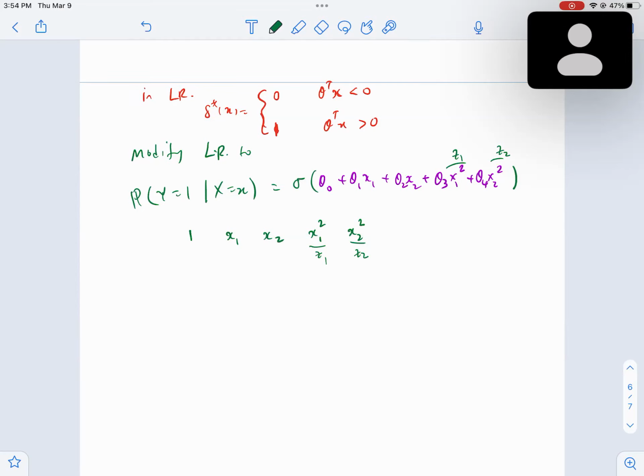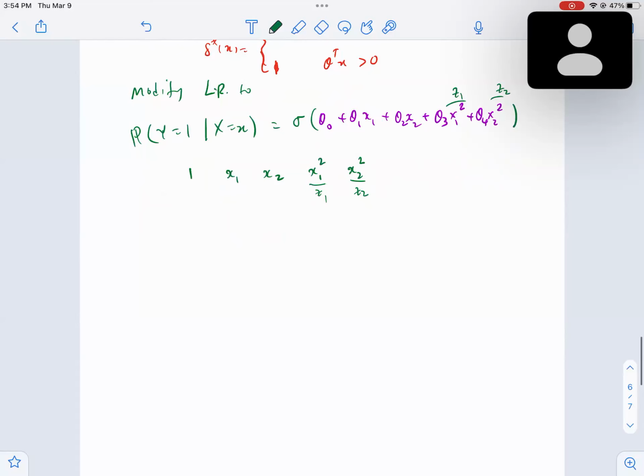In this new domain with these new features, we're still linear. If I call this phi of x, it's the transpose of this, in R to the 5.